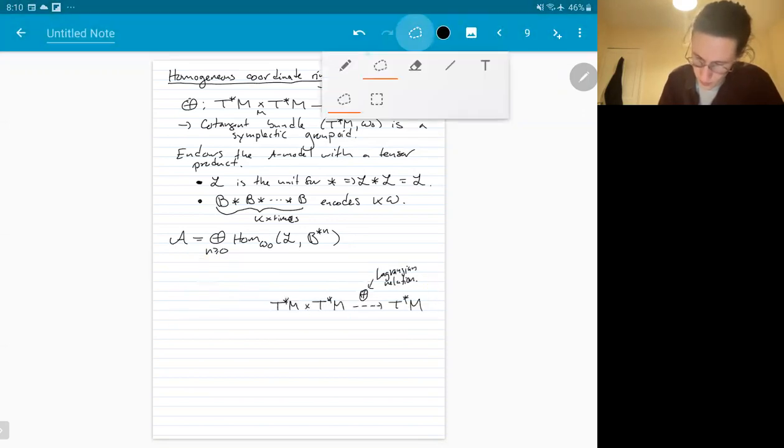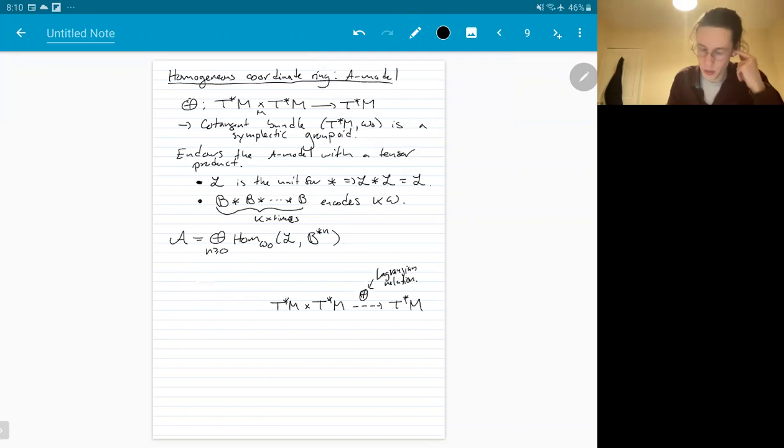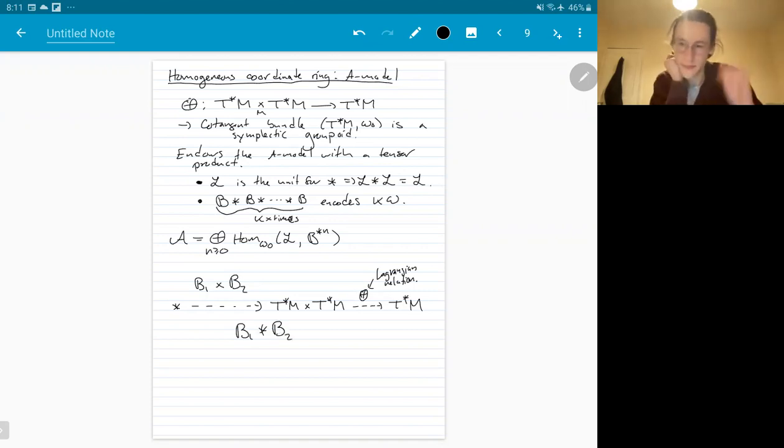When you have a brane, you can think of that as, well, not a Lagrangian relation, but some type of relation going from a point into T star cross T star. So you compose these together and it will give you the tensor product.